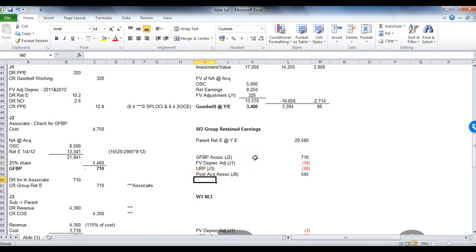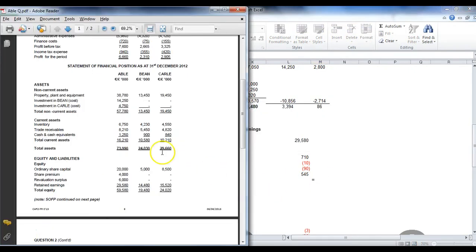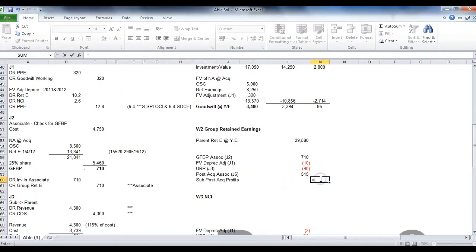And the final thing you need to put in is the sub post-acquisition profits. You need to bring in the subsidiary's post-acquisition profits, because we don't have that done yet, and that's typically the last thing we do. In this case, the post-acquisition profits will be based on retained earnings at the end of the year, which are 14,480. Let's do it here.